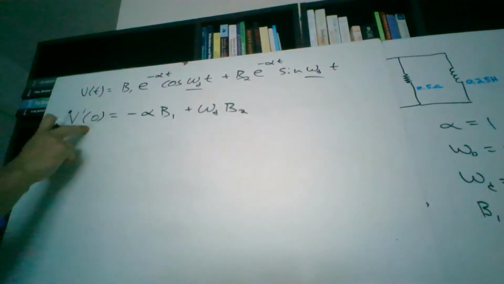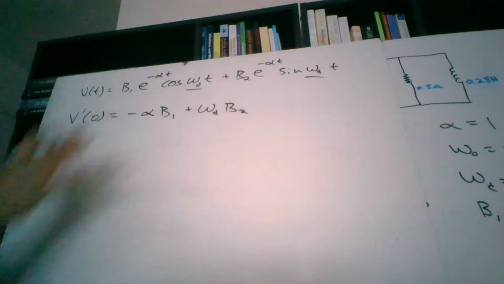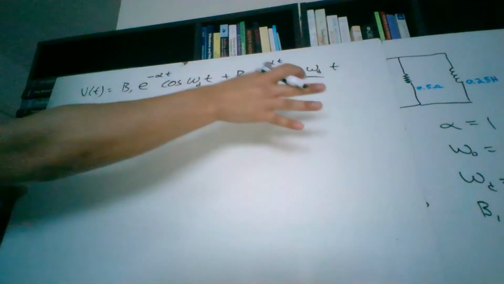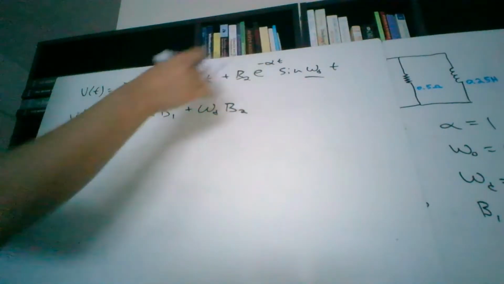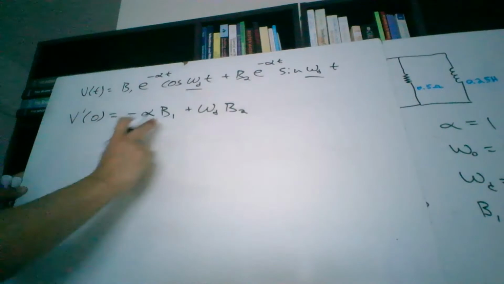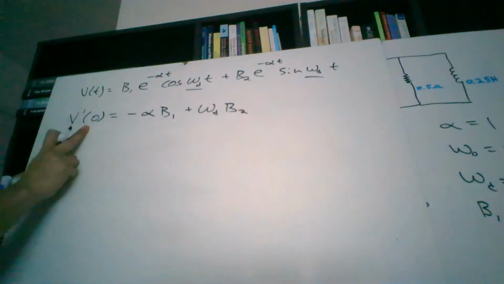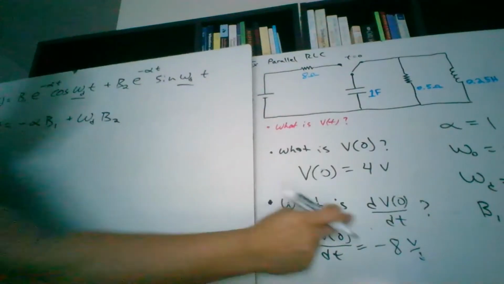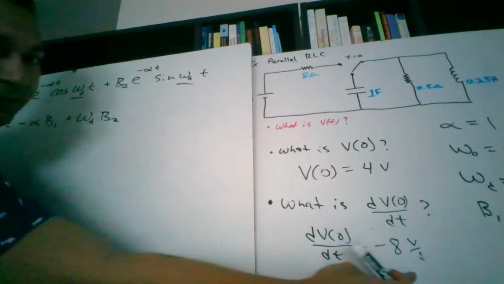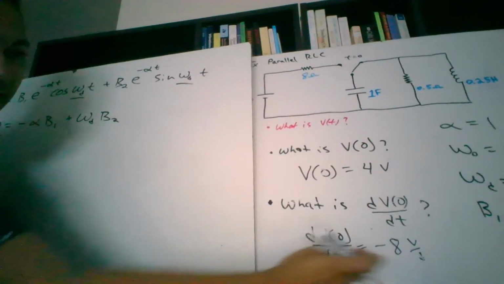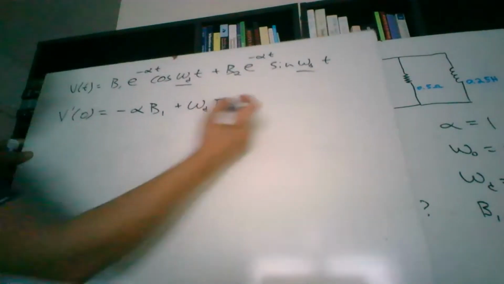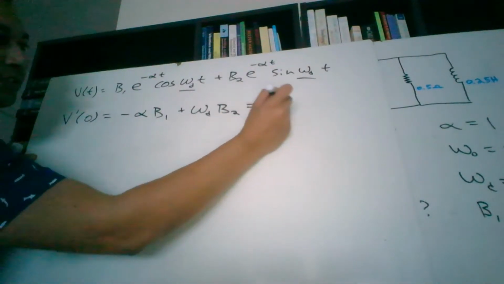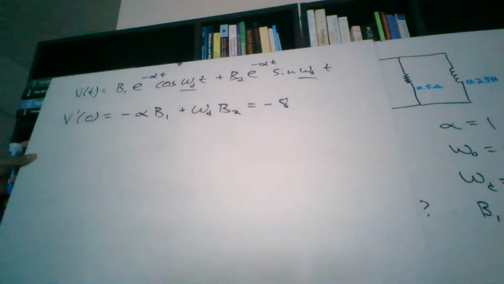That's what you get when you plug in 0 after you take the derivative there. You don't need to do all that. This is going to be an exercise of calculus, easy stuff. So we don't worry about that. This is what we're after at time equals 0. And all of this at time equals 0 is equal to negative 8. So the derivative at time equals 0 is negative 8.